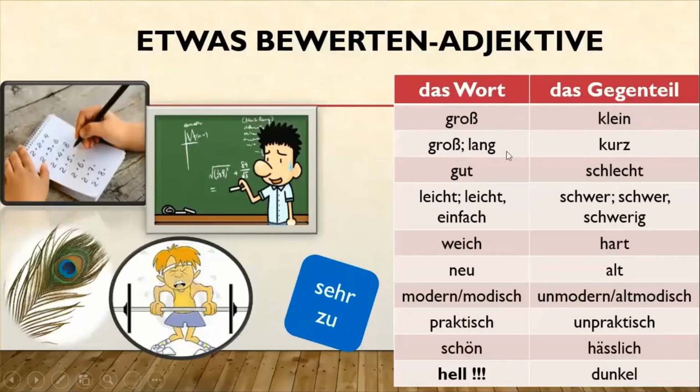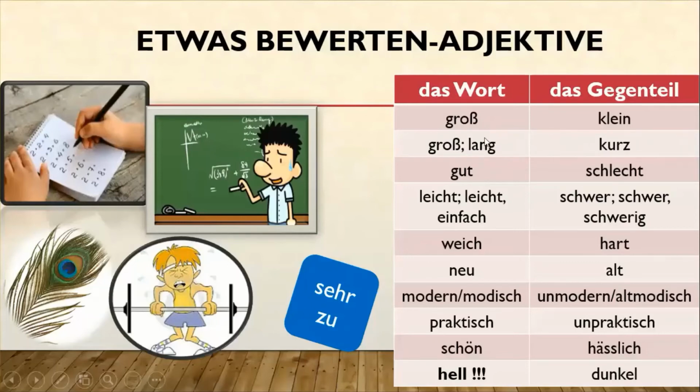But do note that groß can have two meanings in the German language. It not only means big, but also tall. So we can have the combination of tall and short, groß and kurz. Or we can have lang and kurz.